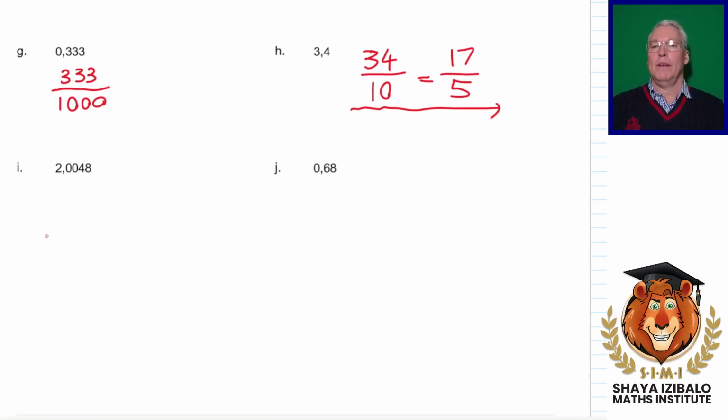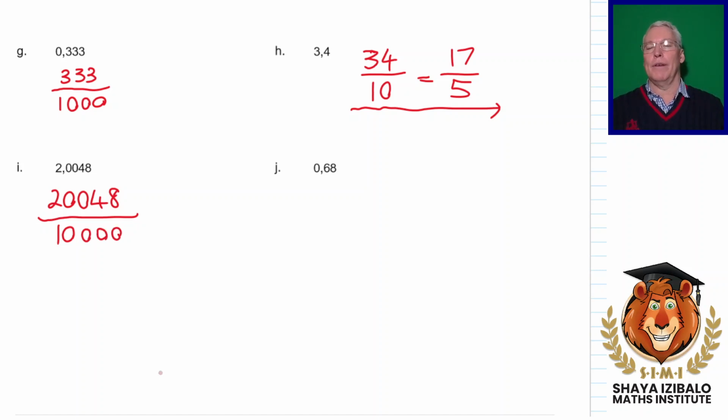The next one, this is going to be 20048 divided by... now, we need to move the decimal point 1, 2, 3, 4. So we're going to divide by 10 to the power of 4, or 10,000. That can definitely simplify because both of these numbers are even. If we halve the bottom, we get 5,000.